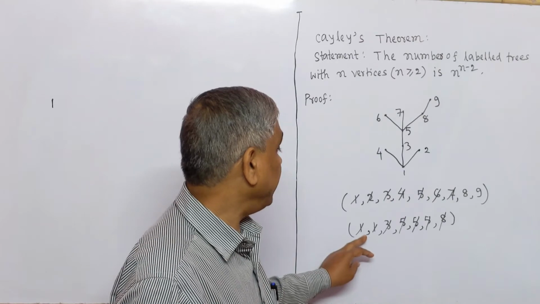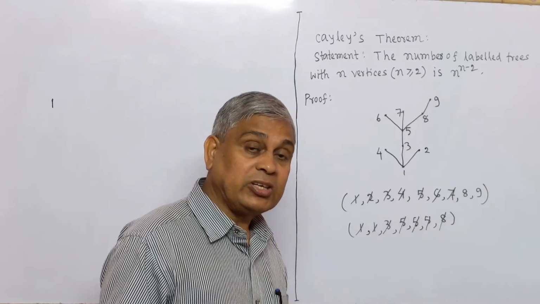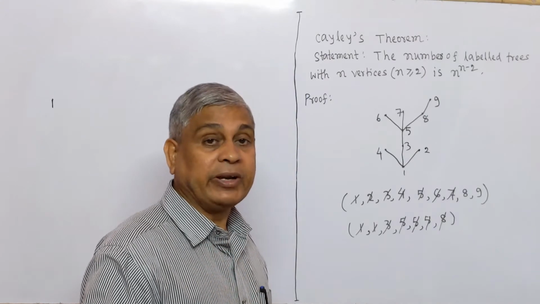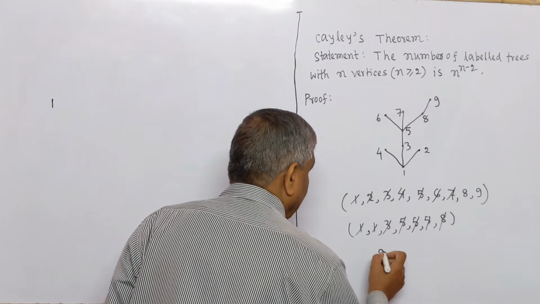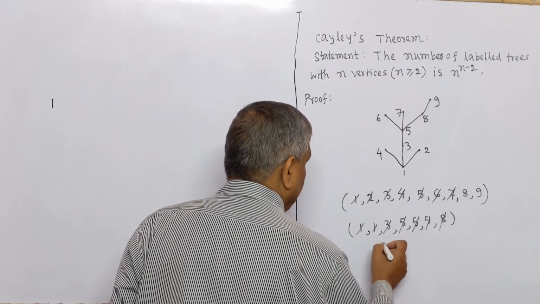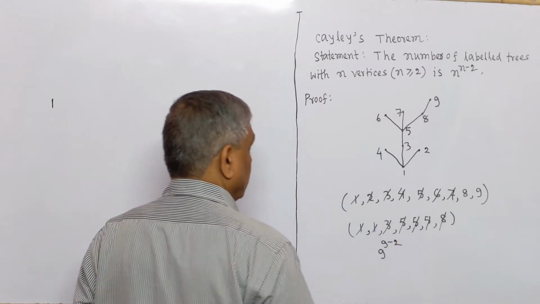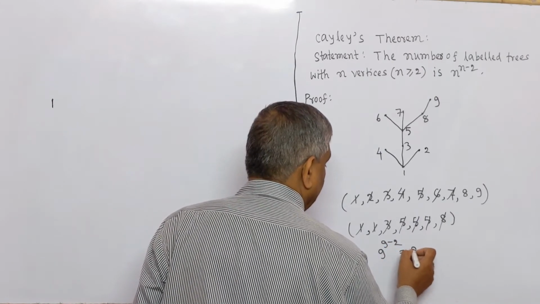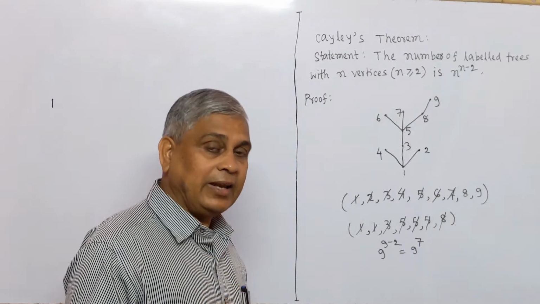And in this way we have to fill 7 places in which a number may be repeated. That process will be 9 to the power 9 minus 2, meaning 9 to the power 7. Now we prove Cayley's theorem.